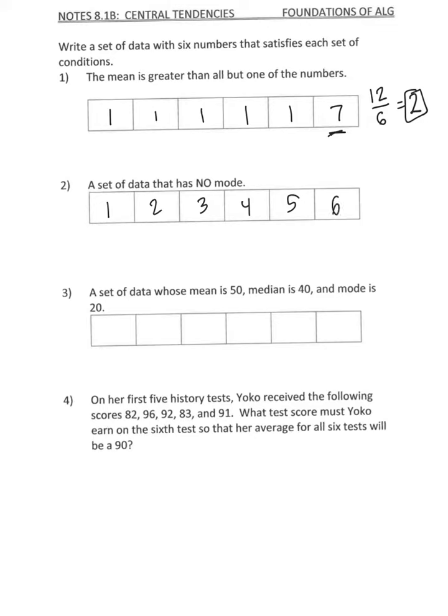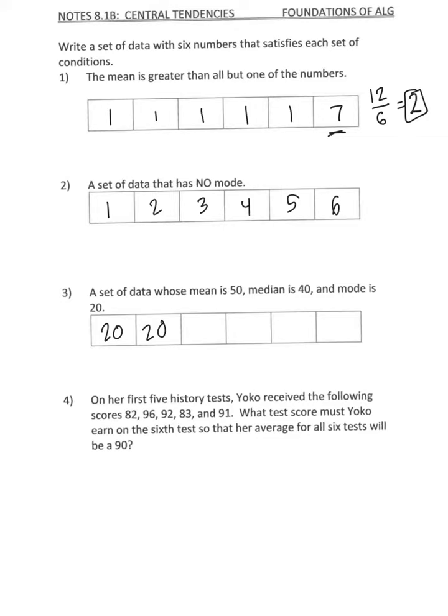Okay, number 3, a set of data whose mean is 50, median is 40, and mode is 20. If I want my mode to be 20, that means I'm going to have at least 2 of them. So 2 of my numbers are going to be 20. Then I want my mean to be 50.